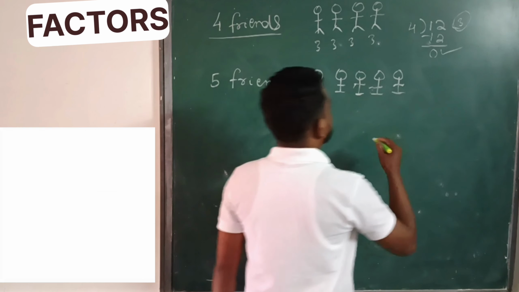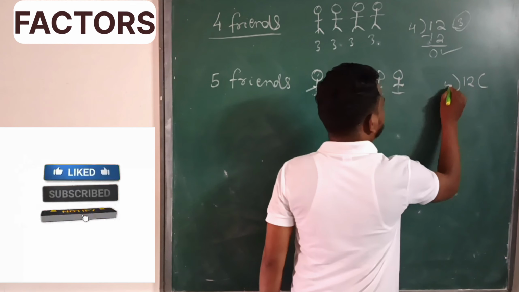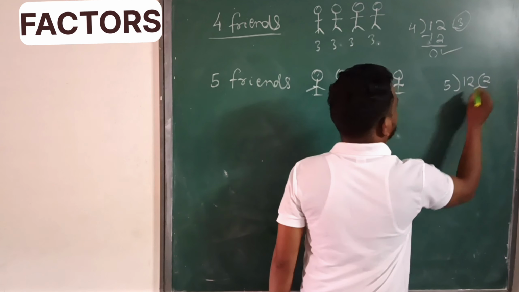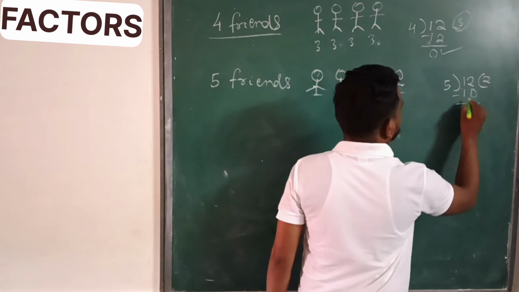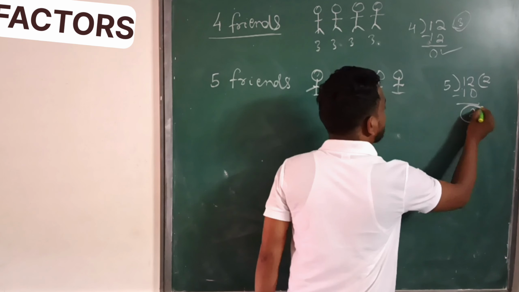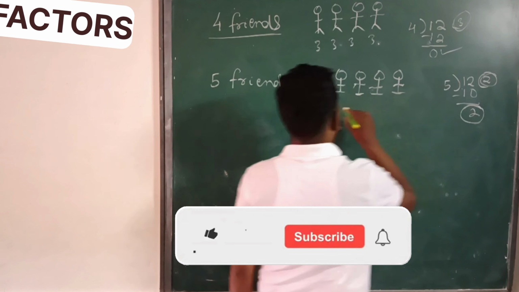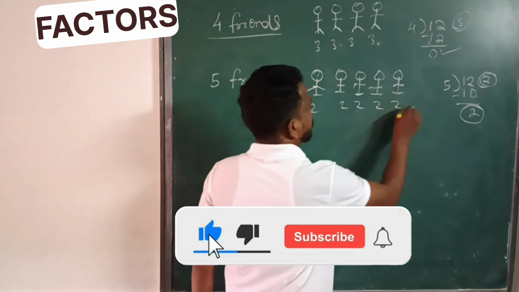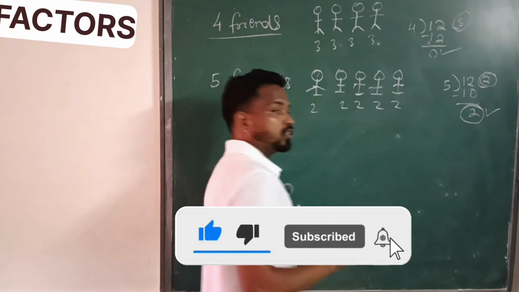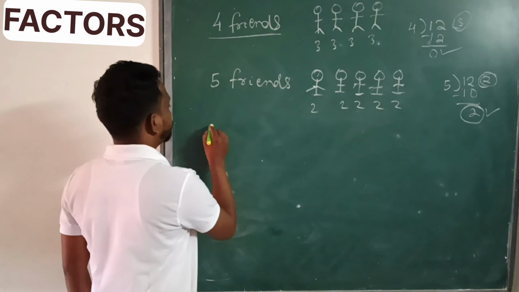So then each will get how much? 12 divided by 5. 5 2s are 10. Now remaining how much? 2. Students, here it is left out. 2 is left out after giving 2 to everyone.